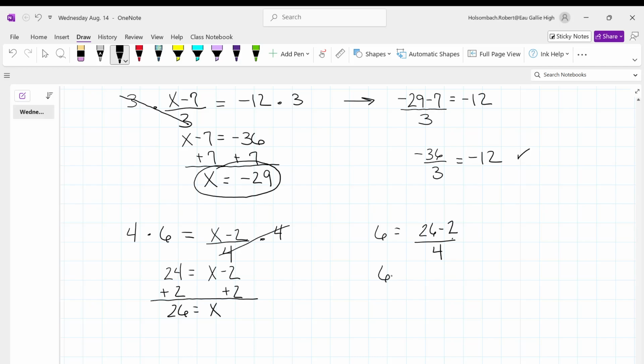Well, 26 minus 2 is 24. And 24 divided by 4 is 6. And 6 equals 6. So that checks, which means this is correct. You're substituting your solution back into the original equation where the variable is.